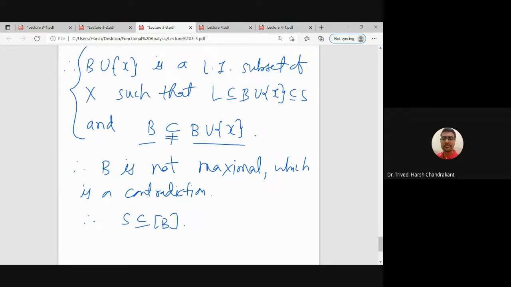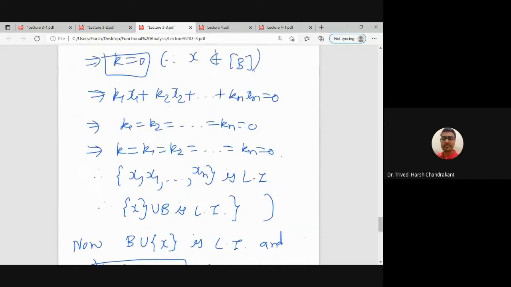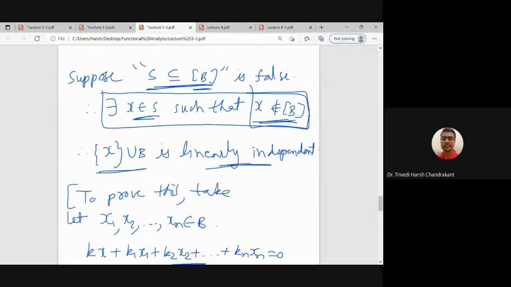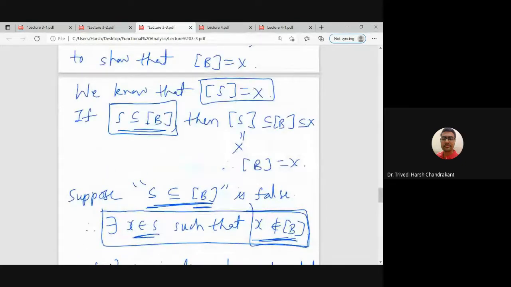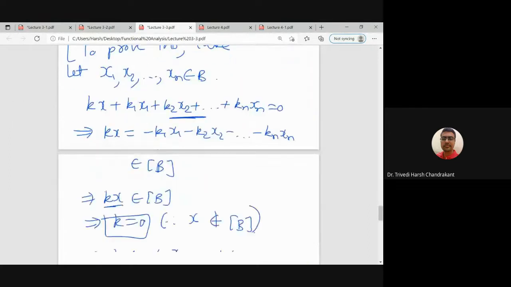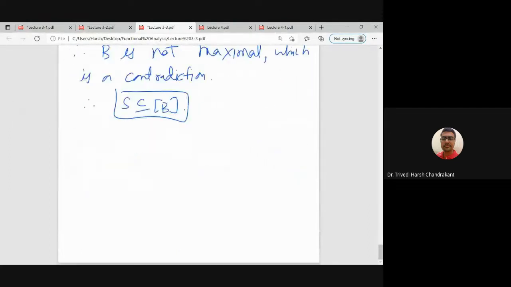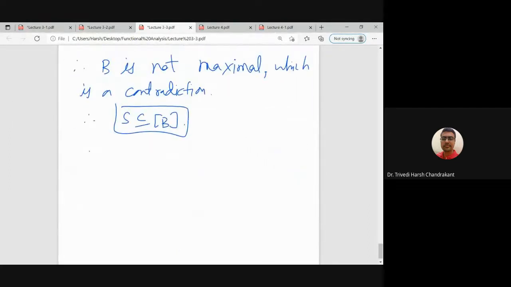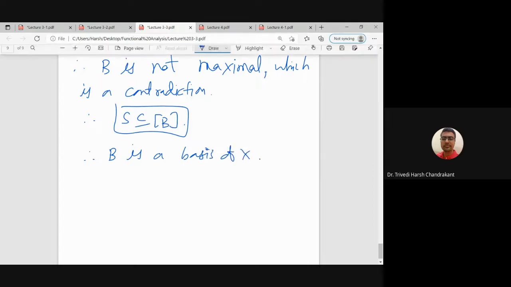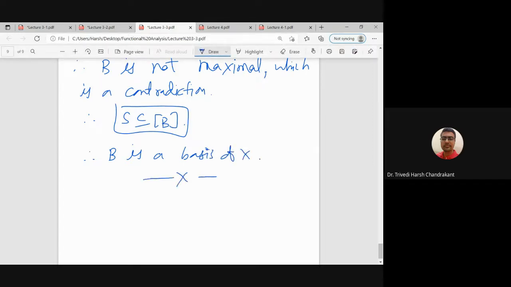We got the conclusion that S is a subset of B, and if S is a subset of B, then we already observed that span of B is X. So therefore, whatever set B we got, which is a maximal set, that set is a basis of X. Right.